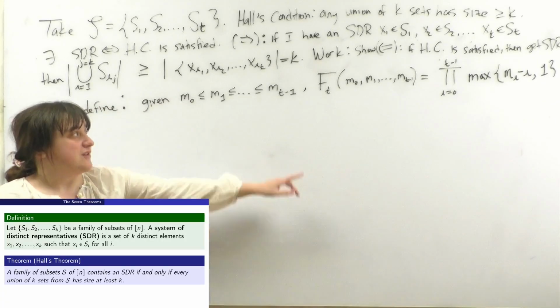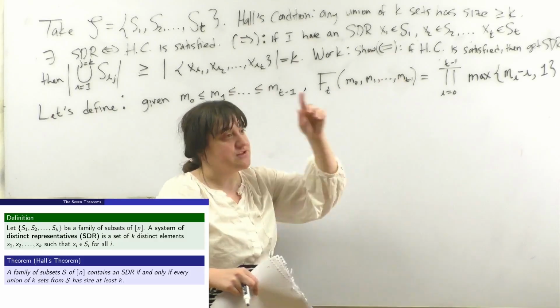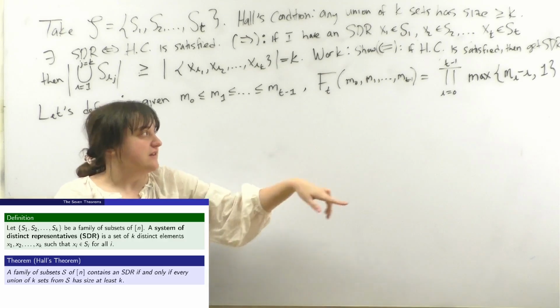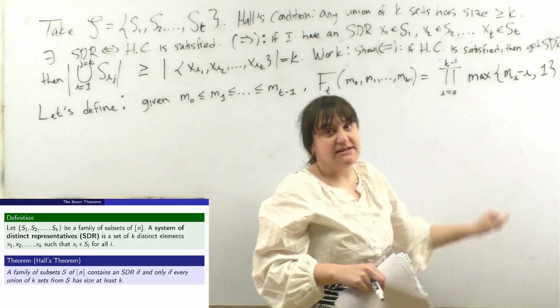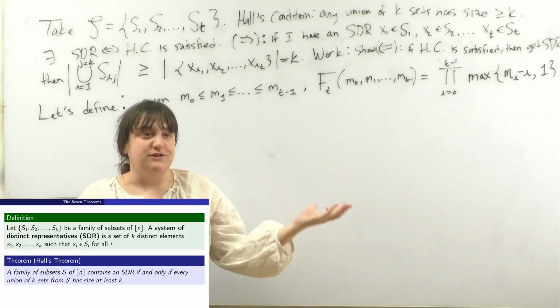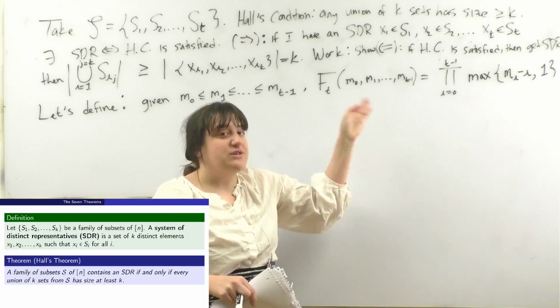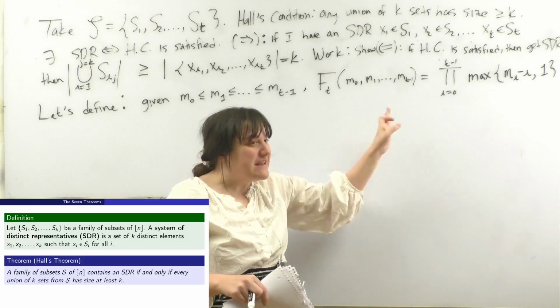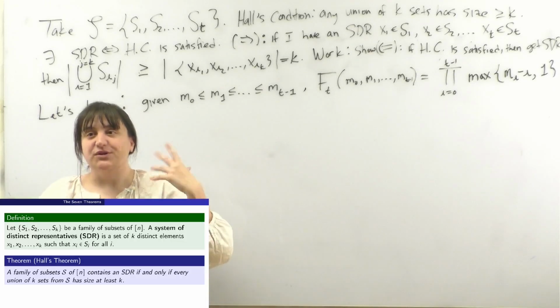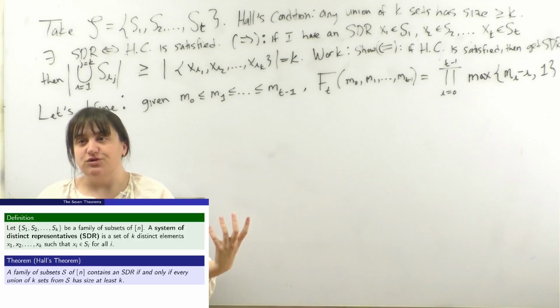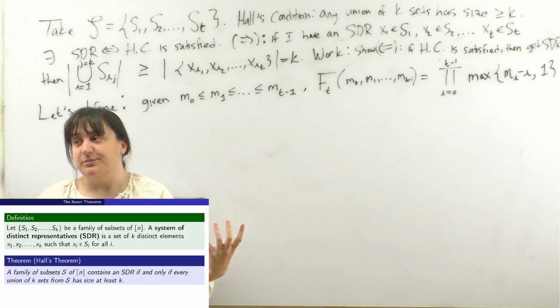If the m sub i's are integers, it's going to be a positive integer because every one of these maxes would either be an integer minus an integer or just 1. And so it makes sense for this to be the number of SDRs that I could find. It's not going to be minus 2 or pi or some weird number.